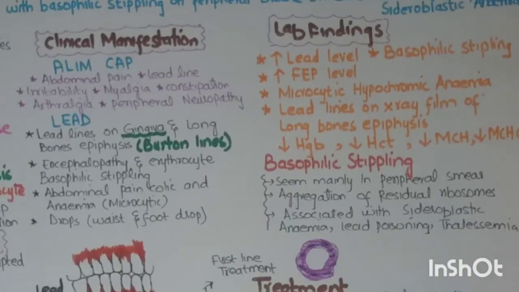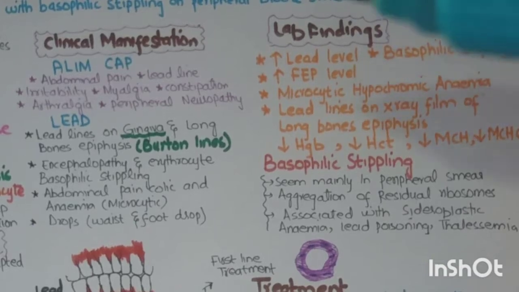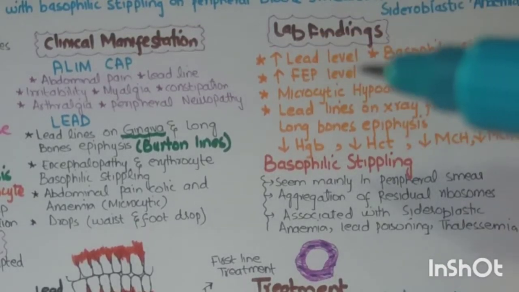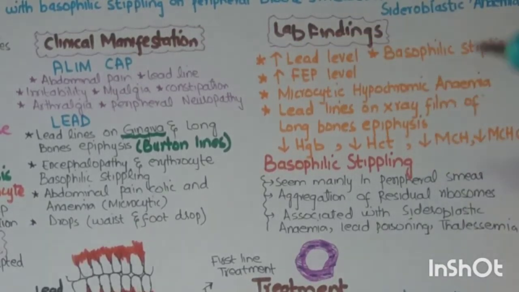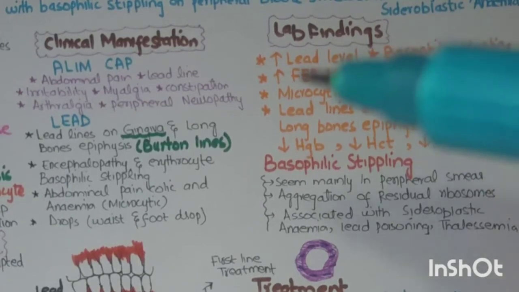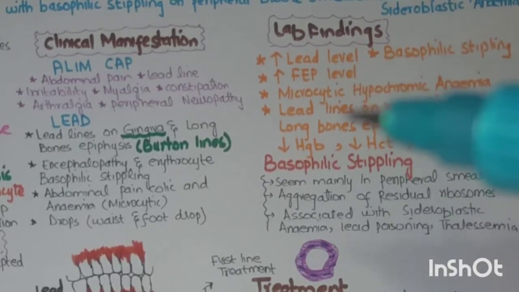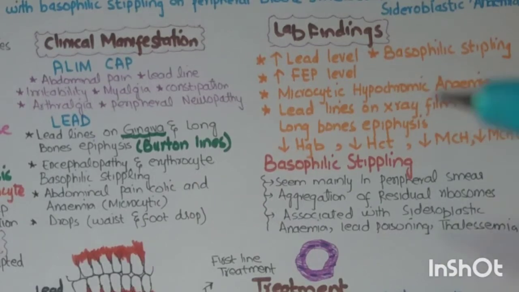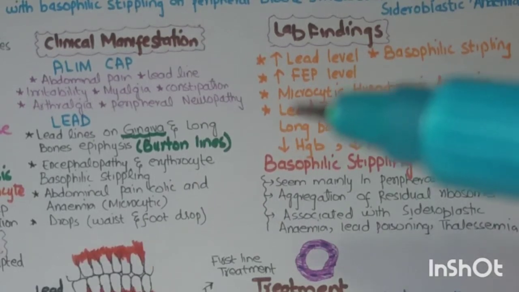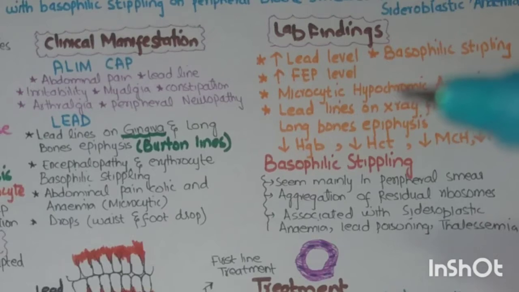Okay, let's see what we will find in the lab findings. The lead level is increased, with basophilic stippling, residual ribosome aggregation, and increased FEP, free erythrocyte porphyrin level. Microcytic hypochromic anemia: microcytic, MCV less than 80 femtoliter; hypochromic, that is HB level will be decreased.